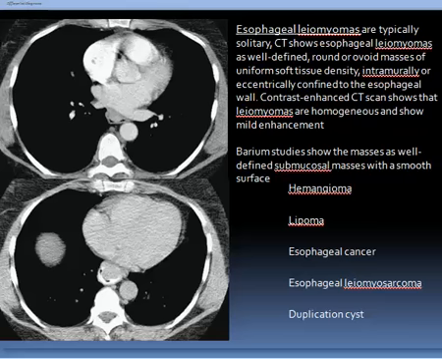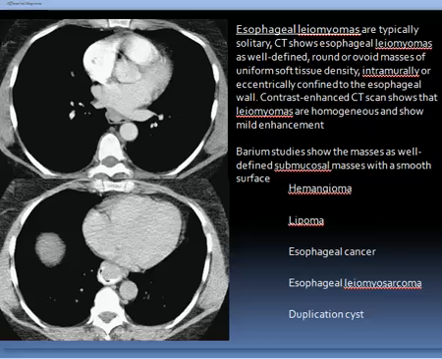It does not extend out of the wall, and it is usually surrounded with contrast and thus appears eccentric in location within the lumen. Contrast enhanced CT scan shows that leiomyomas are homogeneous and show mild enhancement.